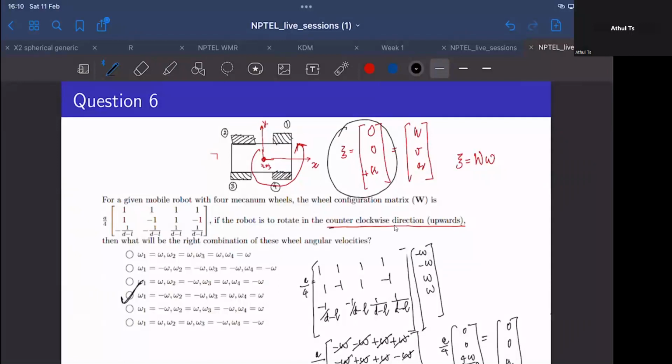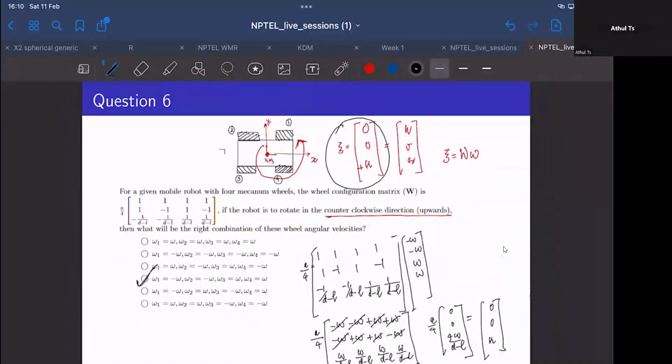One thing that you should be very careful about is that we have made a mistake actually. So the answer is indeed option 6. As per our answer, it is A by 4 times 0, 0, 4 omega by d minus L.